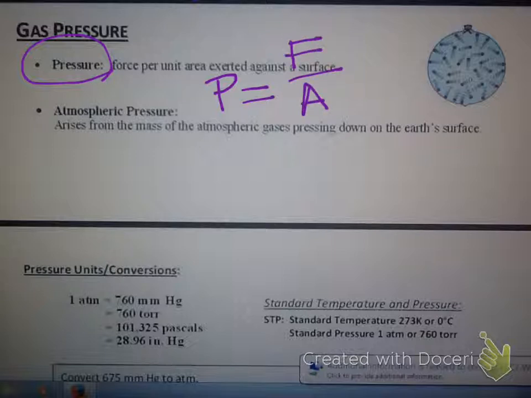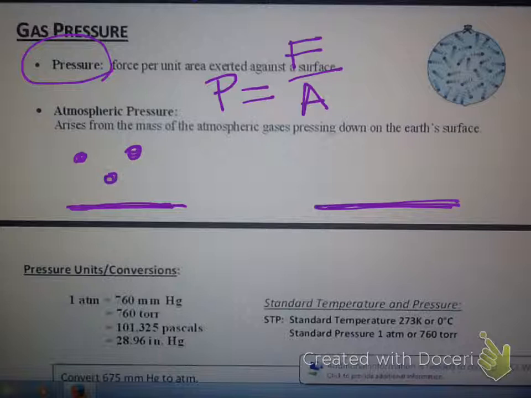What does that mean? Well, I'll give you an example. Let's say that I have two surfaces here, and they have the same surface area, we'll just assume. In this same amount of area, we're going to look at the total force that is exerted. Let's say I have a gas inside of a container, I'm just showing a close-up, that's very confined on the right, and a gas that's less confined on the left.